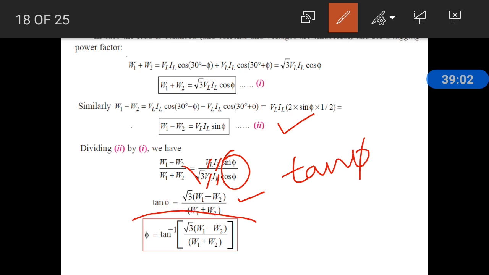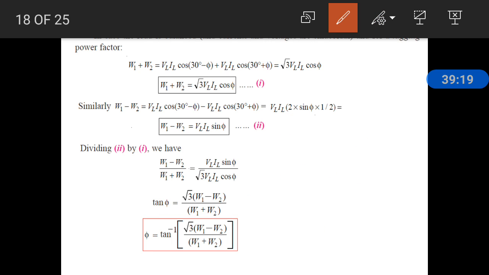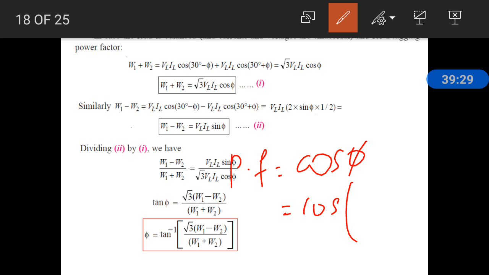This is phi. Once we know the phi value, next we can calculate the power factor. We know that power factor equal to cos phi. So we can insert the phi value here: power factor equal to cos of tan inverse of √3 into (W1 minus W2) divided by (W1 plus W2).